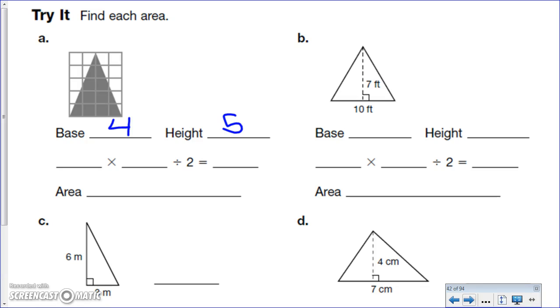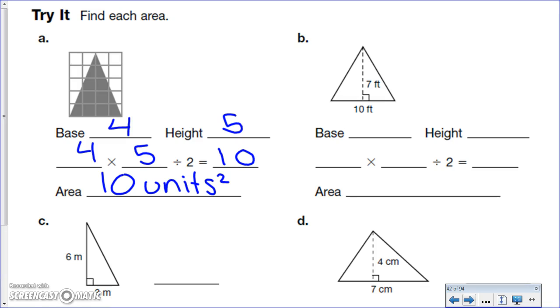So 4 times 5 divided by 2. 4 times 5 is 20, divided by 2 is 10. So our answer is 10 units squared, or 10 square units. We use the word unit since they don't give us a specific unit to use.